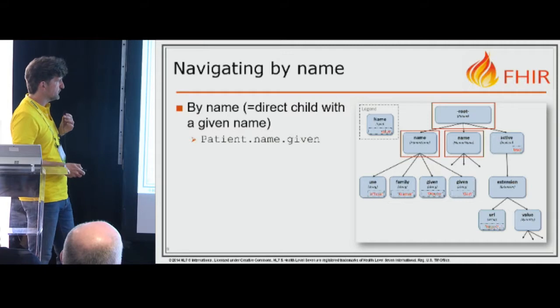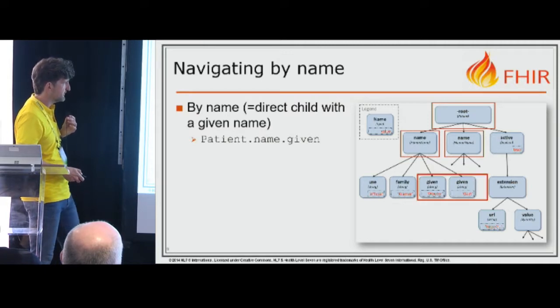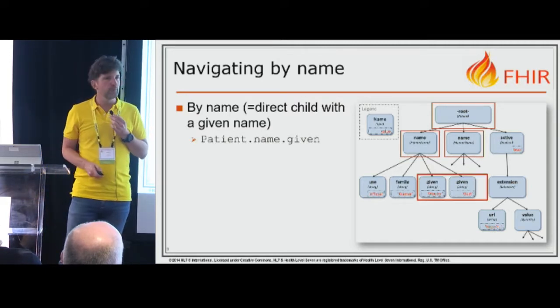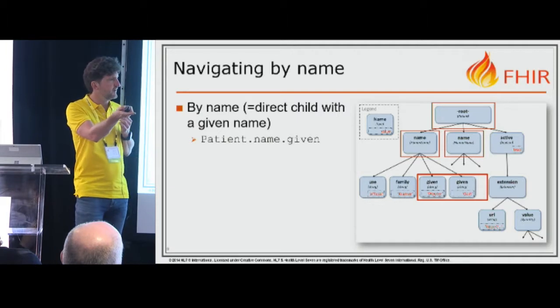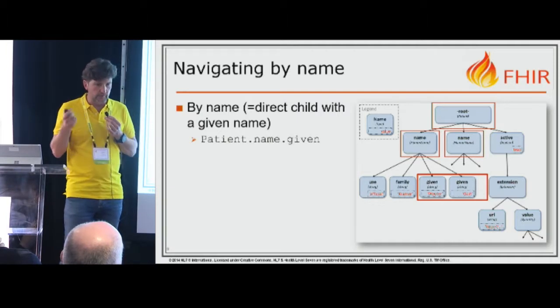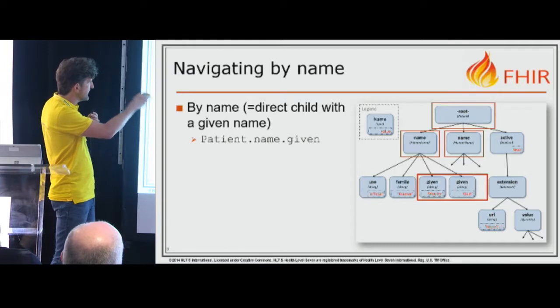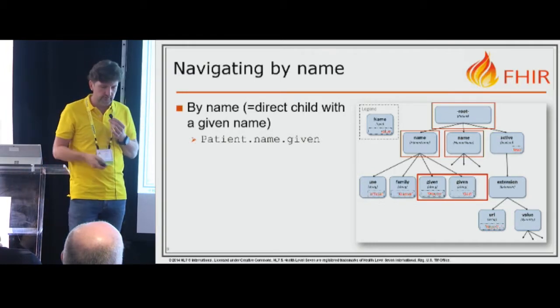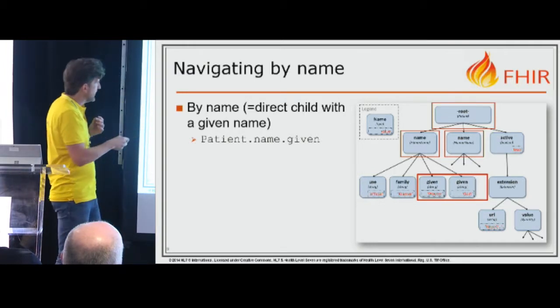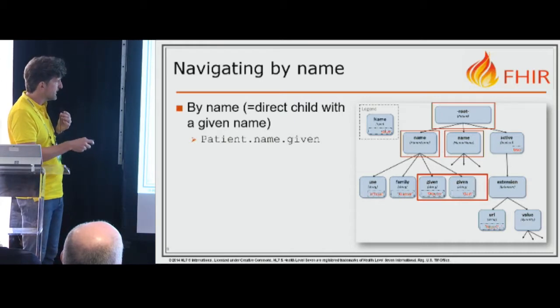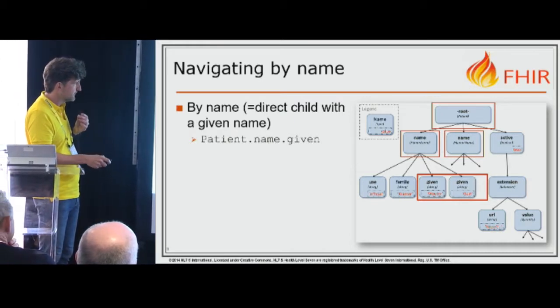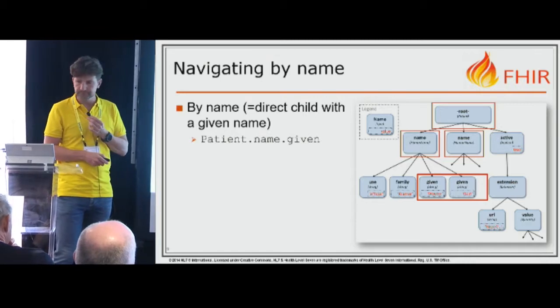And then for each name, go to its given. So that's here. And like this, we have pointed to a place in a FHIR instance. So now, if I'd run this, if I pass this bit of data, this patient that we had in XML or JSON, to a FHIRPath engine and presented the engine with this bit of FHIRPath, it would return me these givens right here.